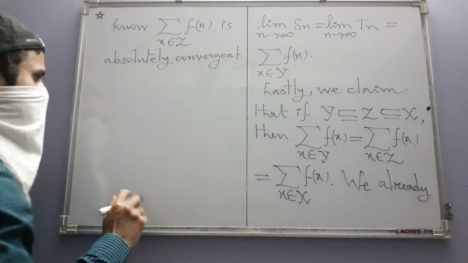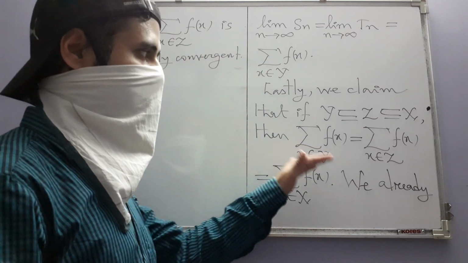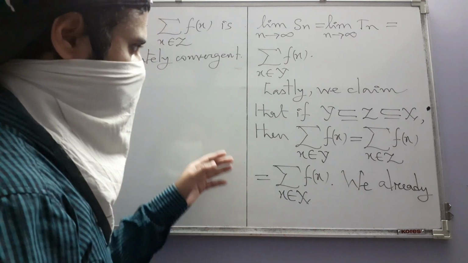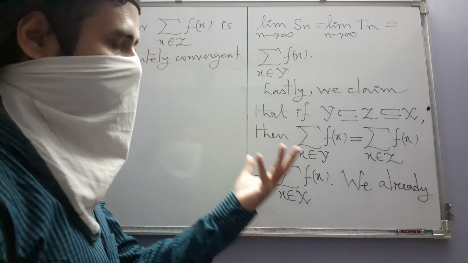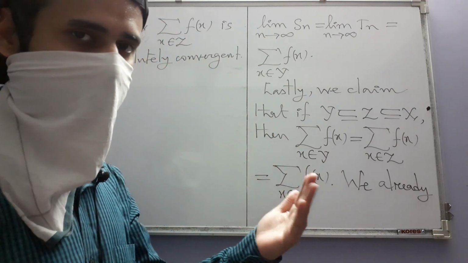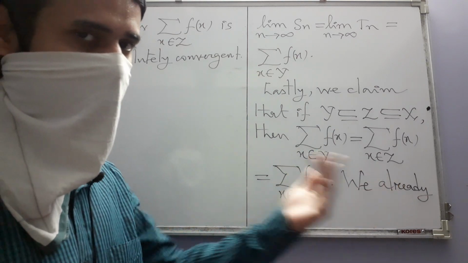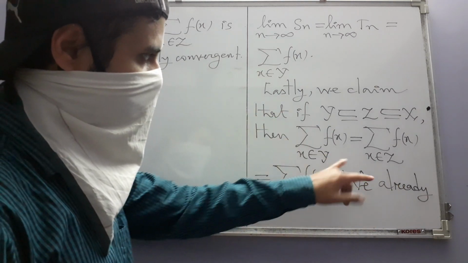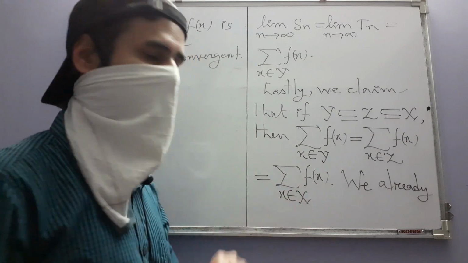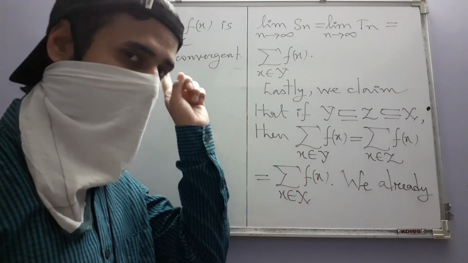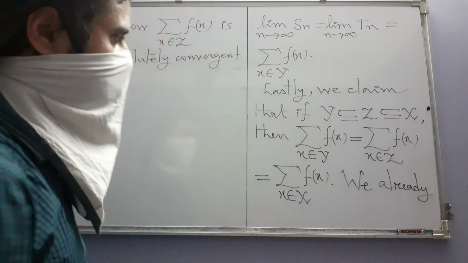How? You go back to the end of the first paragraph in this solution. There we dealt with that thing, no? Where we said that if z is any subset of x, then the corresponding sum is absolutely convergent if this one is absolutely convergent. So that's why we had that back there.